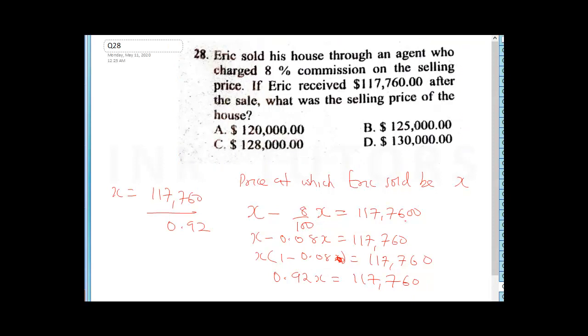So this is giving us 128,000 naira. So the final answer here, it's going to be C. Okay, the next question it's 29.